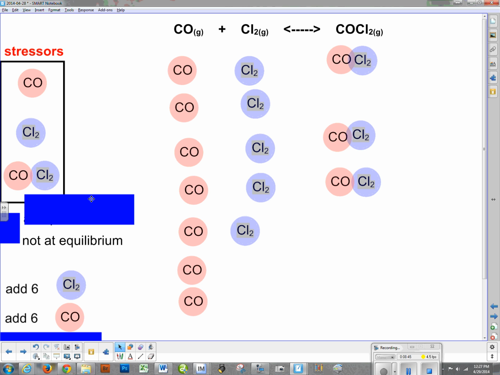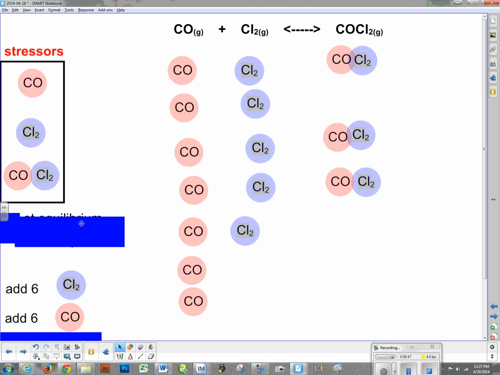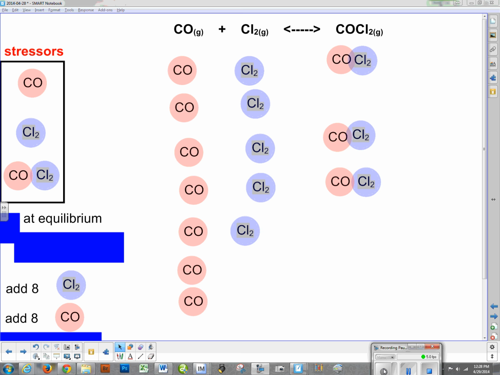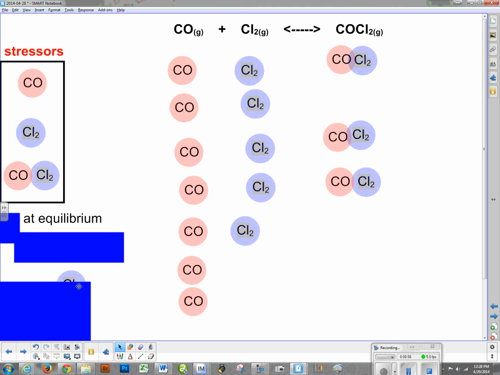Now you see, we were not at equilibrium, but now we're back to equilibrium again, but it's a new equilibrium. So I just corrected the numbers over here, and I made them 8 and 8, which is where we added at the original point. And here's what we have right now, a whole new equilibrium.